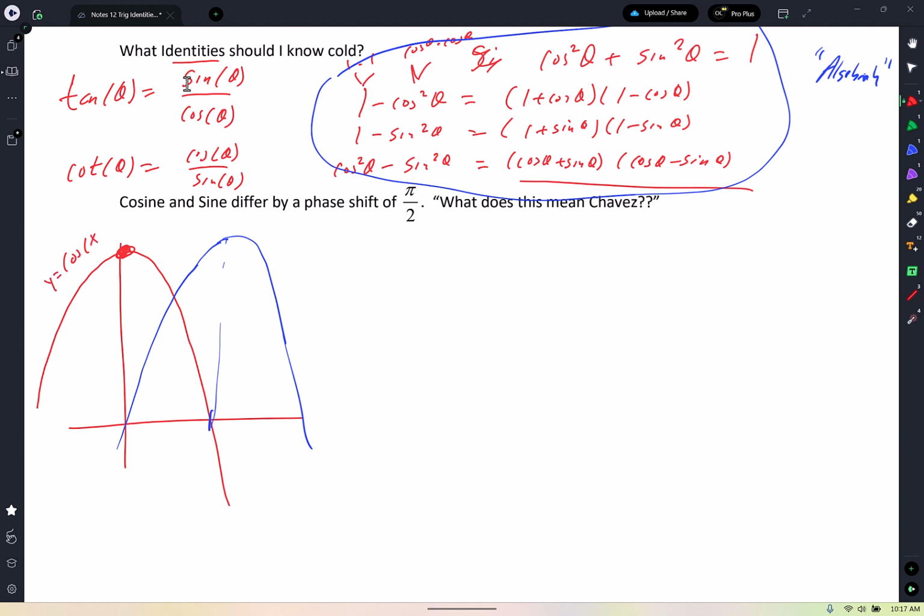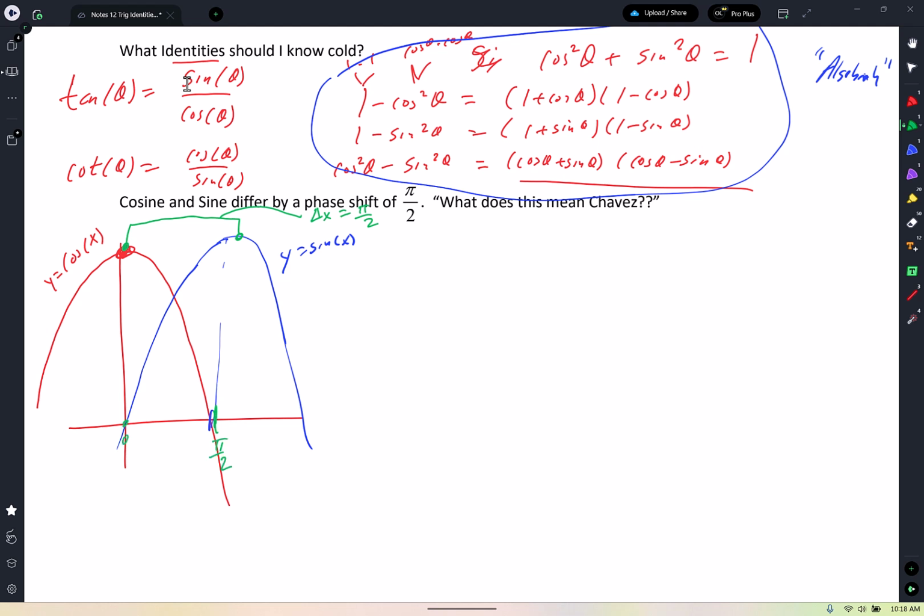I'll say y equals cosine x. And the one in blue is y equals sine x. The difference between this peak and this peak is pi over 2. The difference between those two values, guys, here's 0. This is pi over 2.